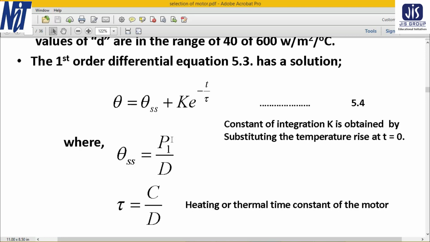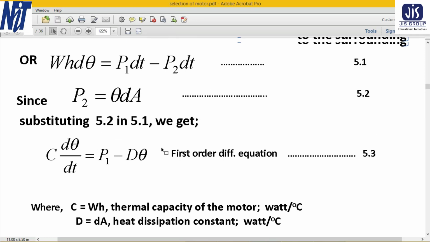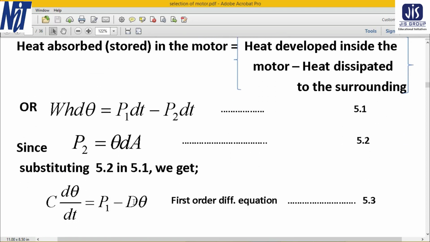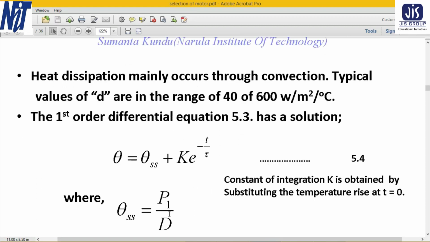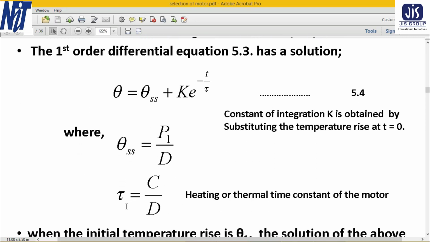What is my P1? P1 is my heat developed. What is my capital D? Capital D is my heat dissipation constant. So θs = P1/D, and τ = C/D.